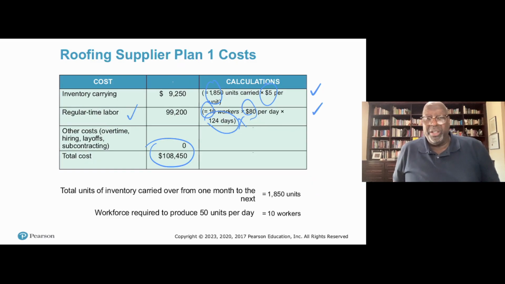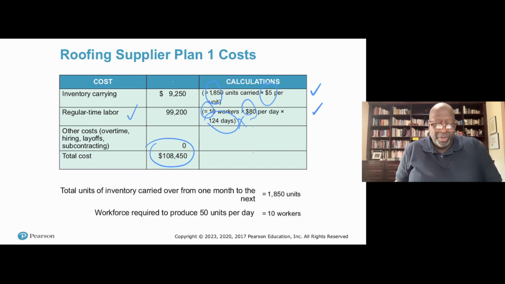Well, we could have tried to match the demand on a chase strategy by hiring and laying off workers, and then that would give us another plan. We could have tried to use overtime in some periods. Maybe in the periods that are low demand, we keep the workforce at a certain level, and then use overtime rather than using inventory.